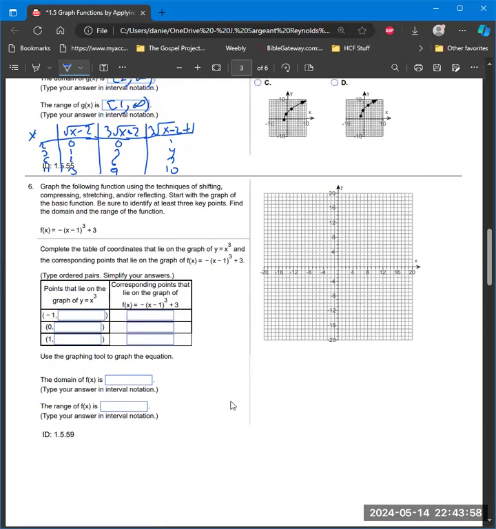Let's look at this cubic function. We have a shift to the right, a reflection over the x-axis, making the y values the opposite, and then adding 3. So originally on the cubic function, we have (-1, -1), (0, 0), and (1, 1). So we're going to shift 1 to the right, which is going to give me 0.